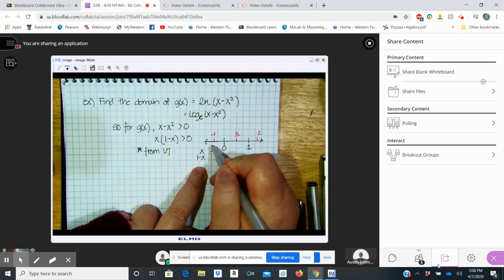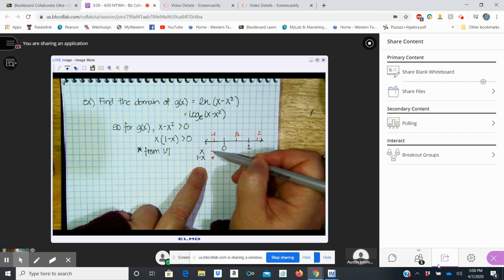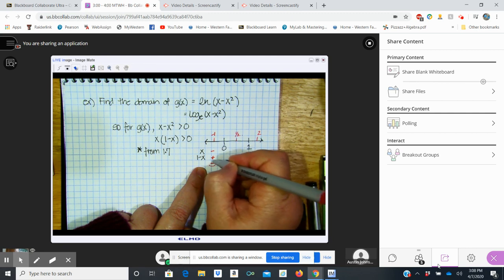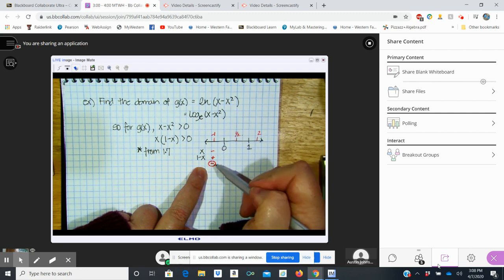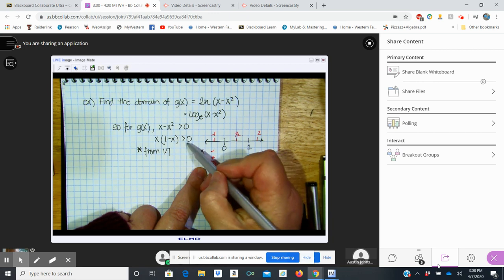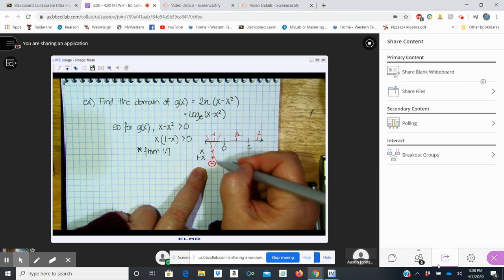Then 1 minus a -1 is positive. A negative number times a positive number will give me a negative result in this section. Meaning, in this section of my number line, it's not going to be greater than 0, it's going to be negative or less than 0. So I cannot use this section.